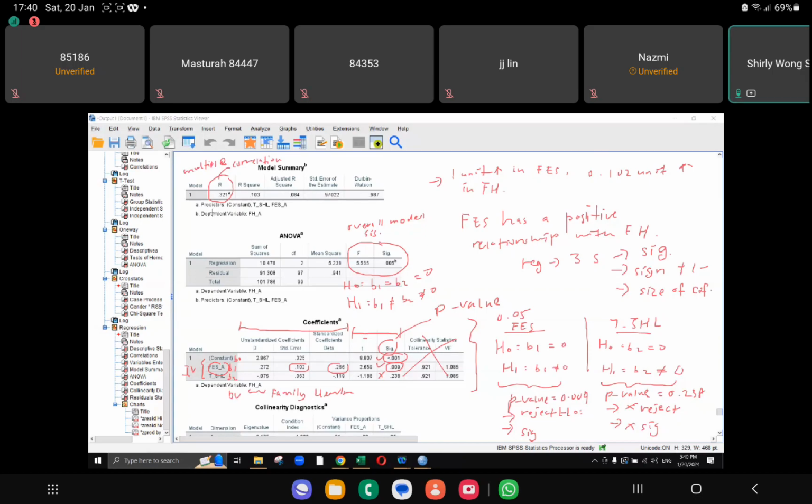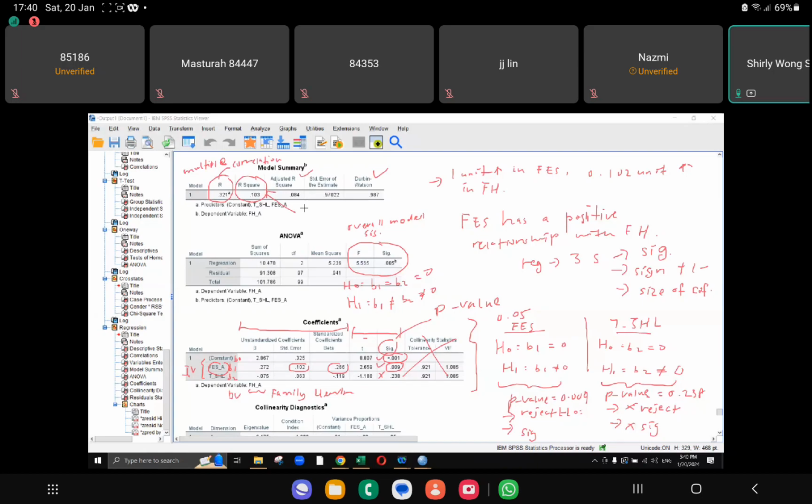You can report this one. The interpretation will be the same as your normal R. Then the R square. You will learn about adjusted R square next semester when you take econometrics. Durbin-Watson you will learn next semester also. This is one of the assumption tests, including the tolerance and VIF. So I just want you to report the multiple R and the R square.